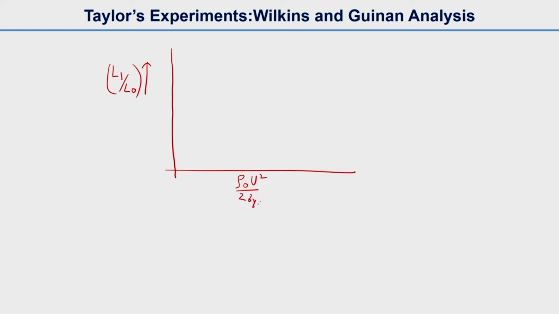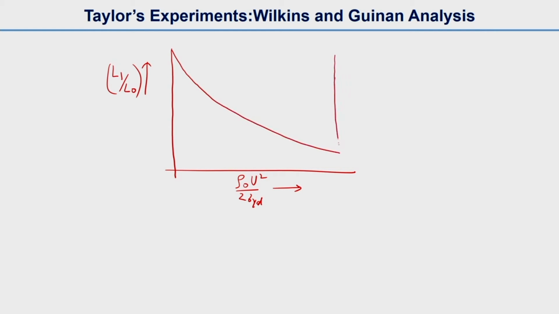So they plotted L1 by L0 against rho naught u square by twice sigma y, and found an interesting result for different materials.